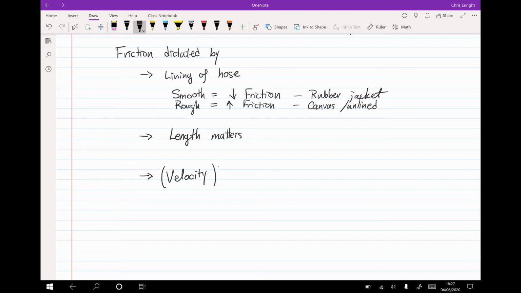Specifically, it's dictated by the square of the velocity. So as the velocity increases, the amount of friction increases, but in a nonlinear way. So if we're flowing at like 2 feet per second, we get some value x.